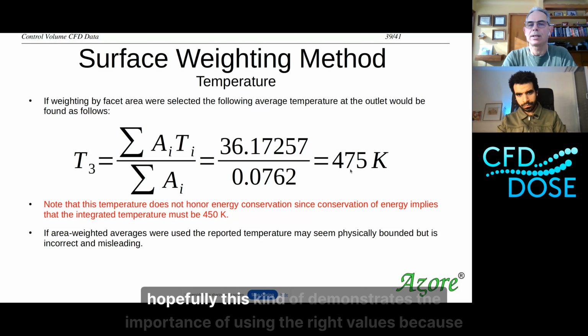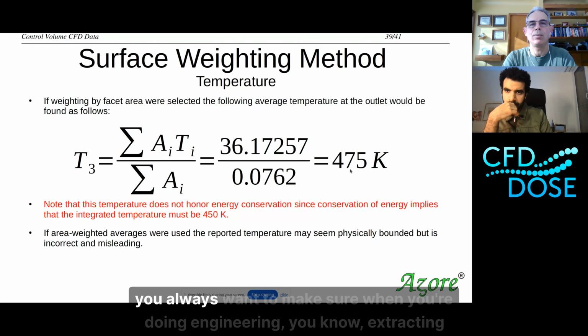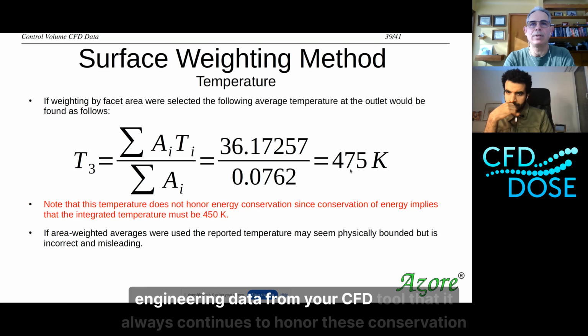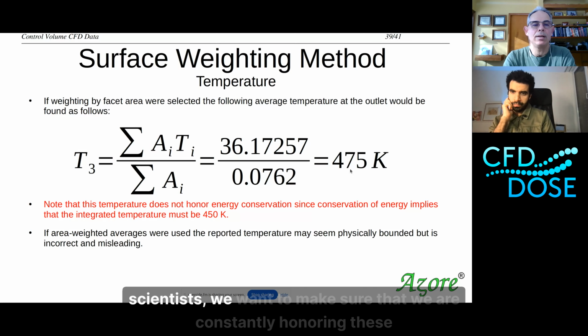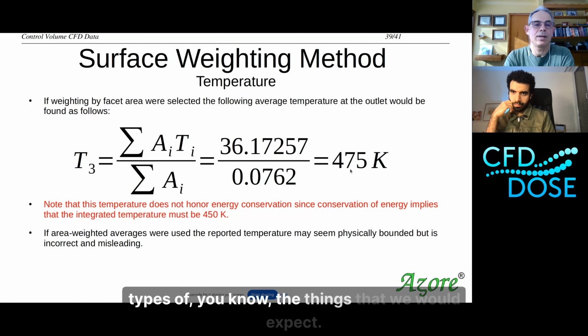So hopefully this demonstrates the importance of using the right values, because when you're extracting engineering data from your CFD tool, you always want to make sure that it continues to honor these conservation of mass and conservation of energy type values, because we're engineers, we're scientists. We want to make sure that we are constantly honoring the things that we would expect.